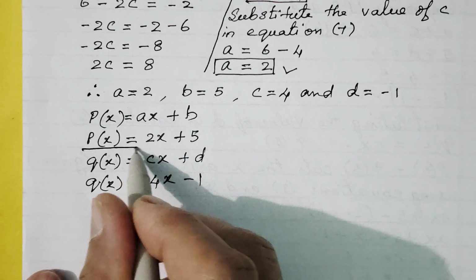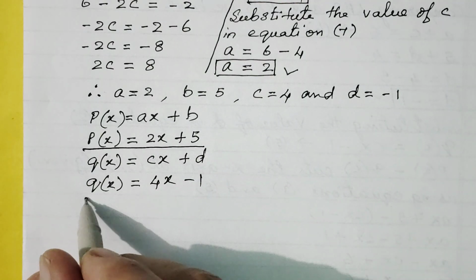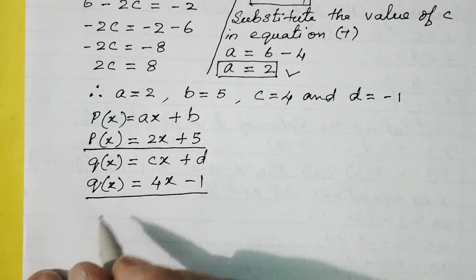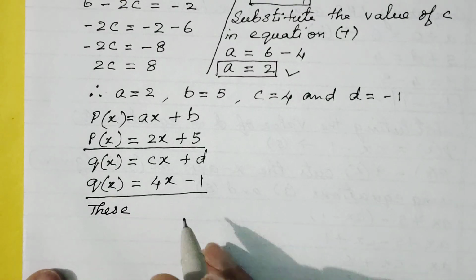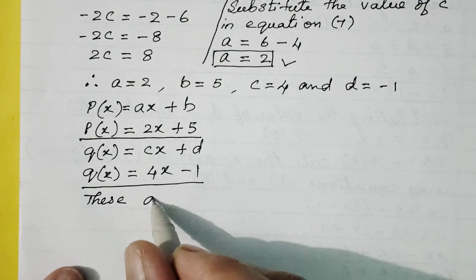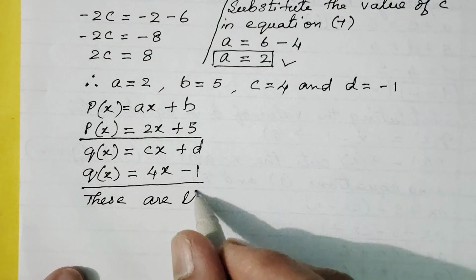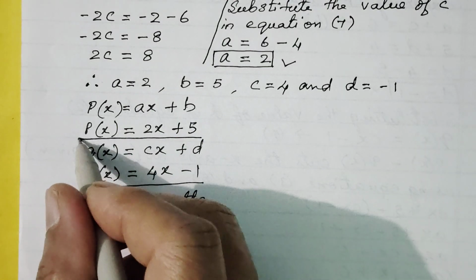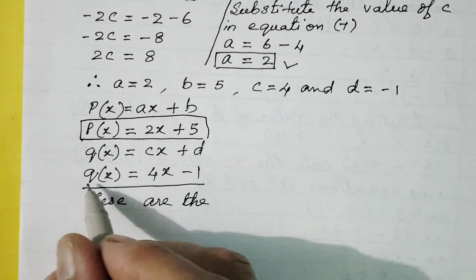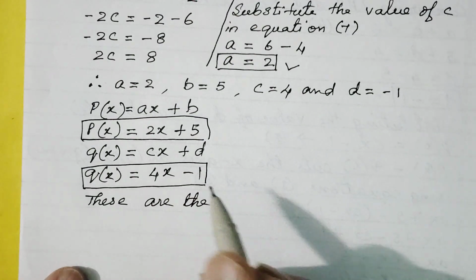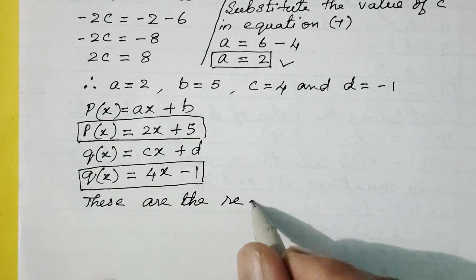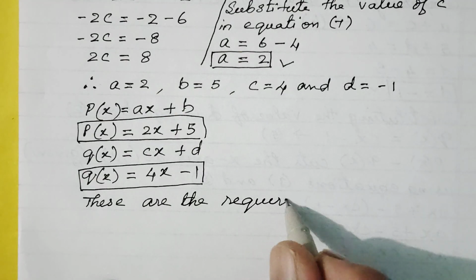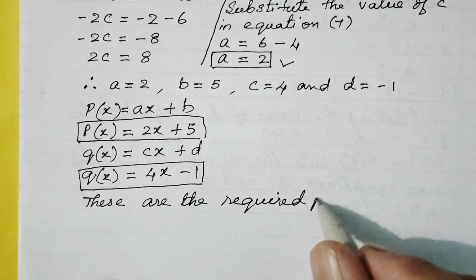So P(x) equal to 2x plus 5, Q(x) equal to 4x minus 1. These are the required polynomials.